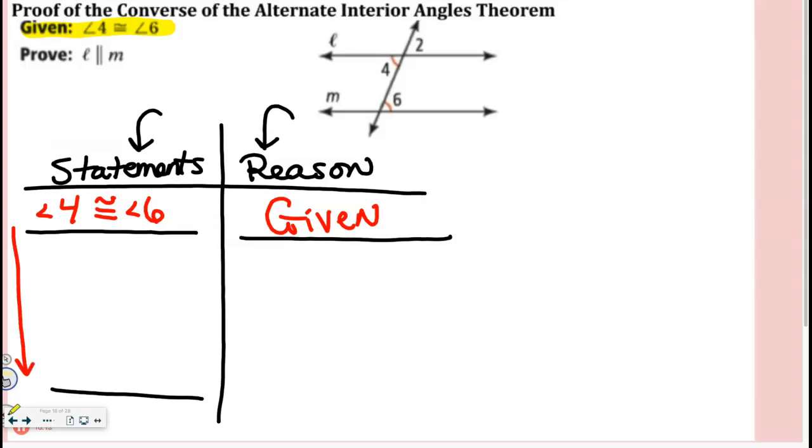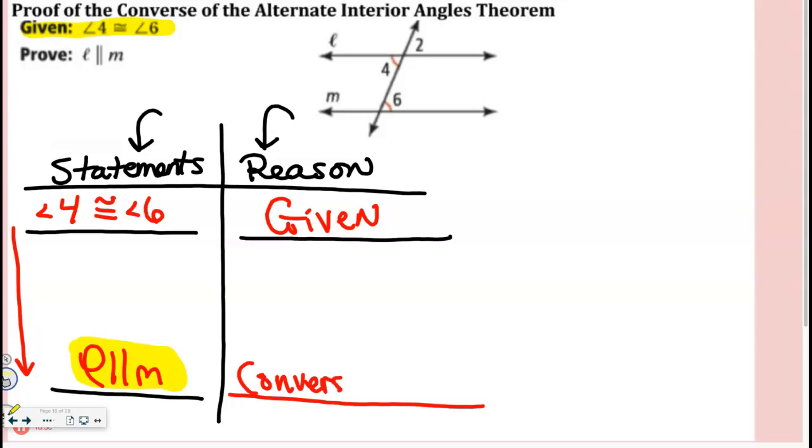Go ahead, tell me. L runs parallel to M. Now I'm going to tell you there's actually something else here. There's only 4 ways I can prove lines are parallel. Converse of, converse of, converse of, and converse of. Correct? So I actually do know that this has to be the converse of something.